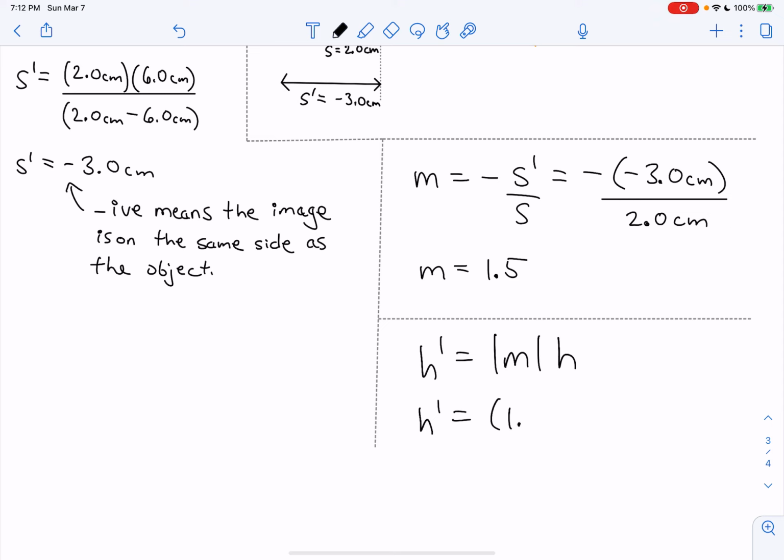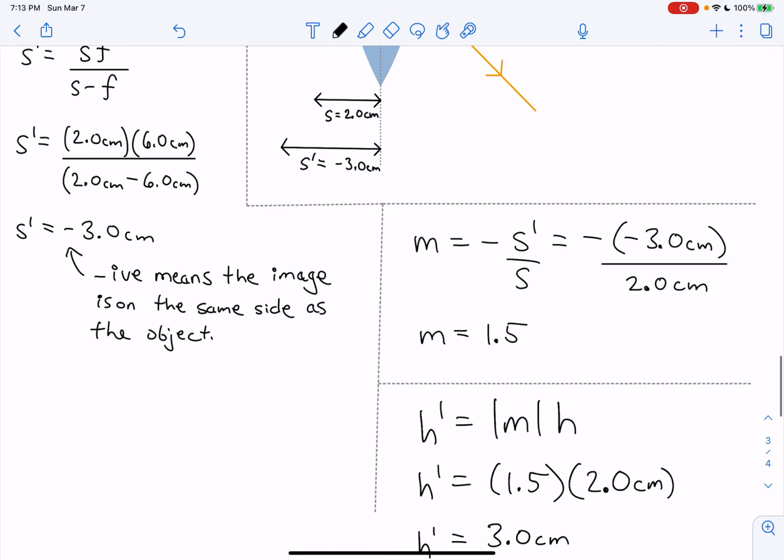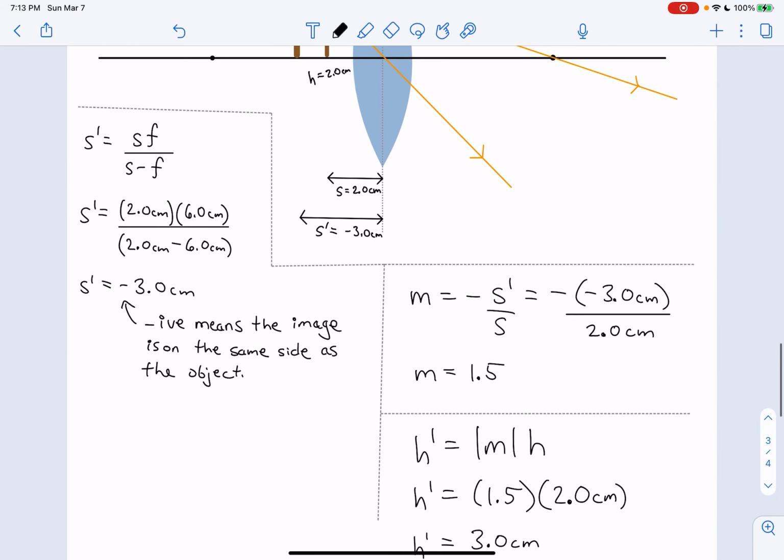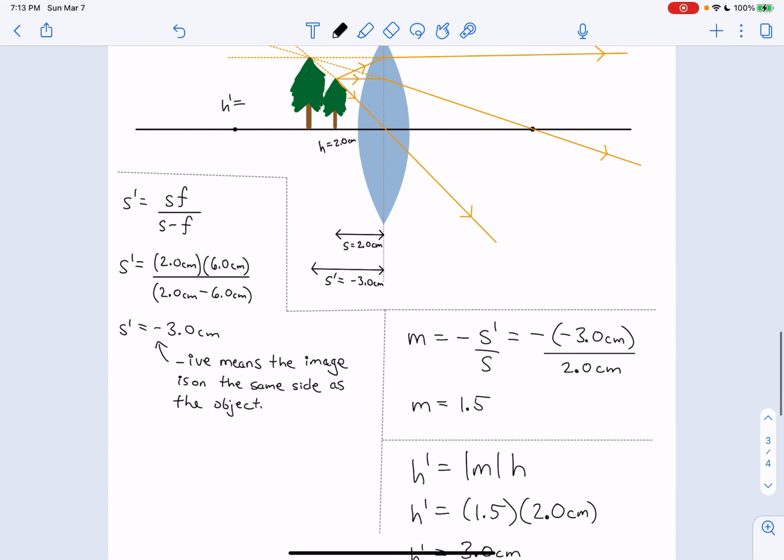So 1.5 times 2 centimeters. And of course, our magnification factor in this case was positive, which means that we are upright in the image.